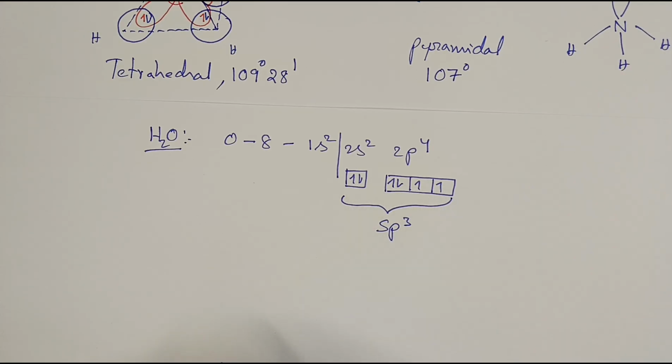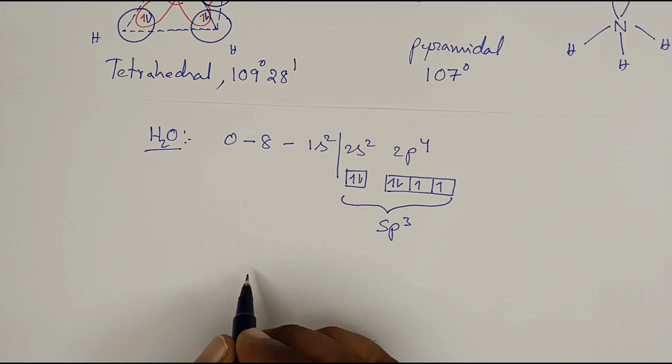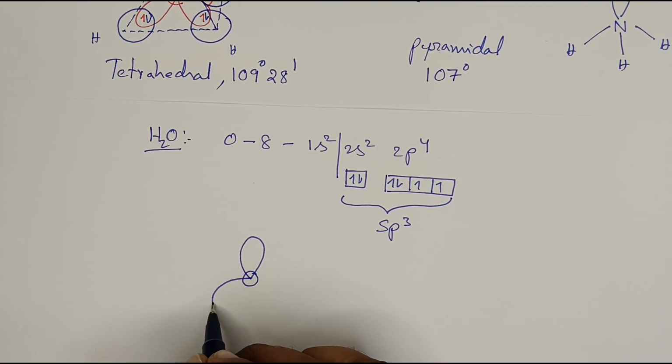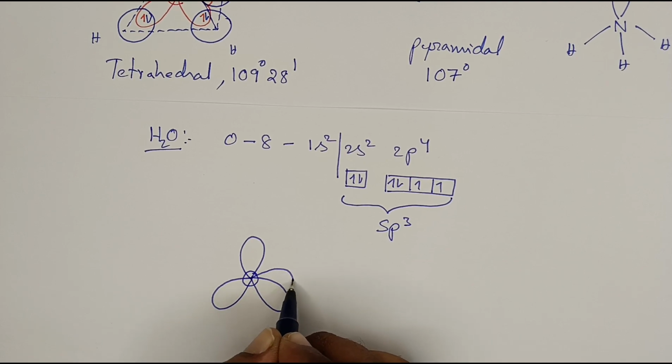So oxygen undergoes sp3 hybridization to form 4 sp3 hybrid orbitals.